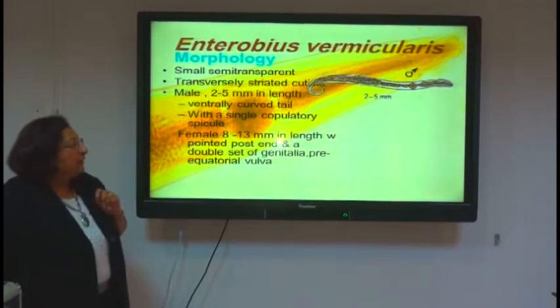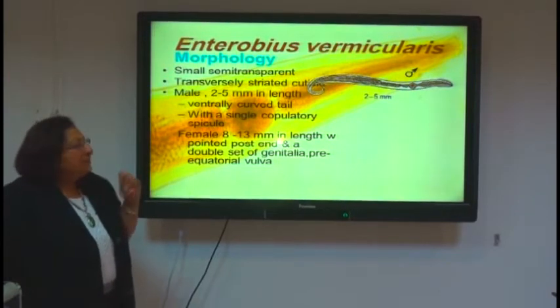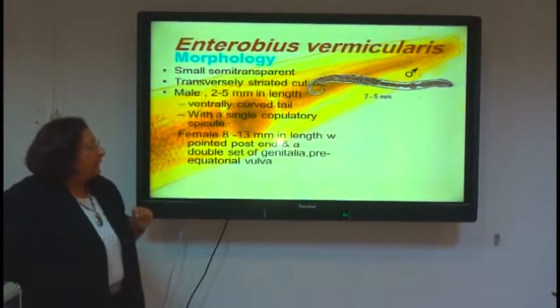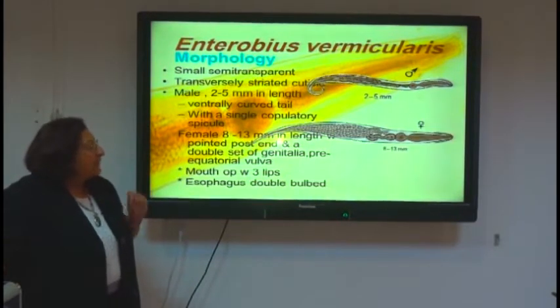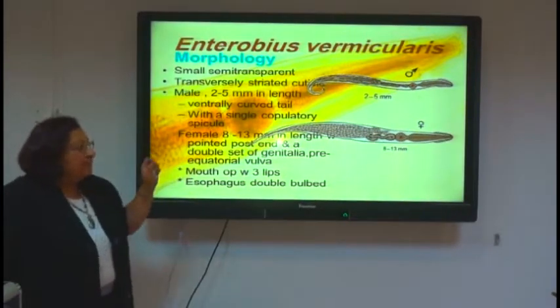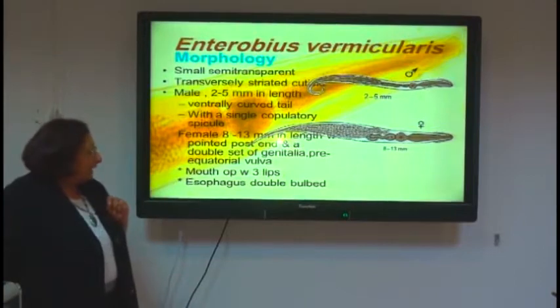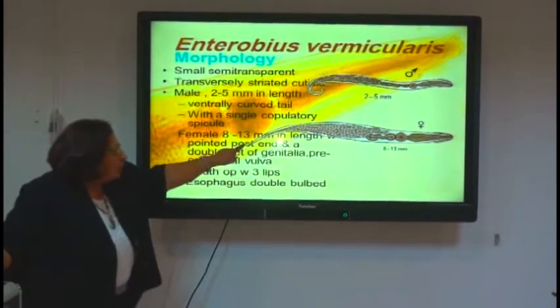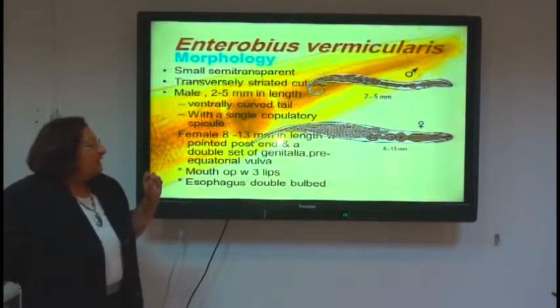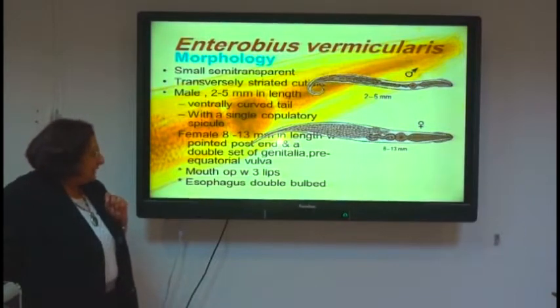The length of the male worm is from 2 to 5 millimeters, and it has a single copulatory spicule. As regards the female, it is much longer, from 8 to 13 millimeters in length. It has a pointed posterior end and a double set of genitalia, with a pre-equatorial vulva.